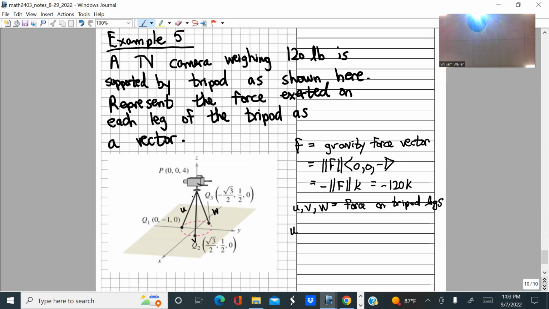What's its initial point there, and what's its terminal point? Yeah, so you want U going in this direction, by the way, because the force is moving downward, correct? So what does it look like U is in component form there?